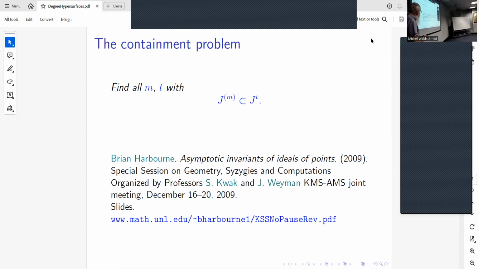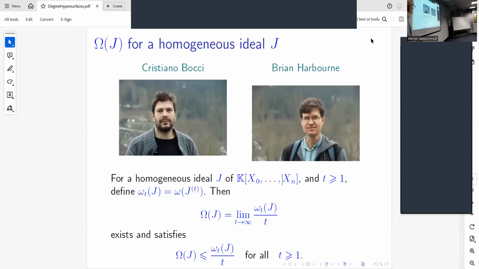I think my time is almost over, so I will just show you a few references on this question. There are many people who have worked on that. In particular, Bocci and Harbourne have defined a number, capital omega of J, which is a generalization to ideals in K[x0...xn] of the omega which I defined before.